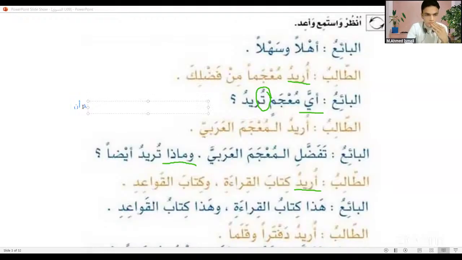So if I want to say أريد أن, this means we have a verb after it. But if I say أريد and after it a noun, I don't need to say أن. Like I say أريد كتاب, I want a book. أريد قلم, I want a pen. أريد كراسة, I want a notebook, and so on. So أريد كتاب here, you don't need to say أن because you have a noun after it. But if you have a verb after it, you say أريد أن.